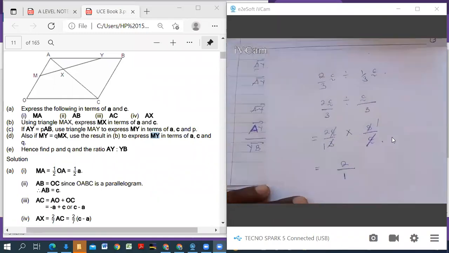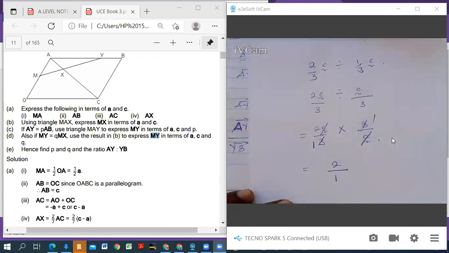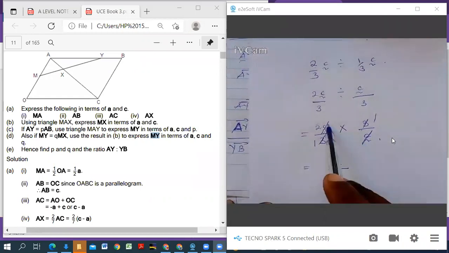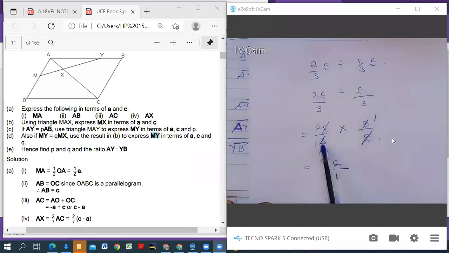Zoom in. Do you see it now? The C's have cancelled, and it is that 2, even the 3's have cancelled. So it is 2 over 1 which has remained.